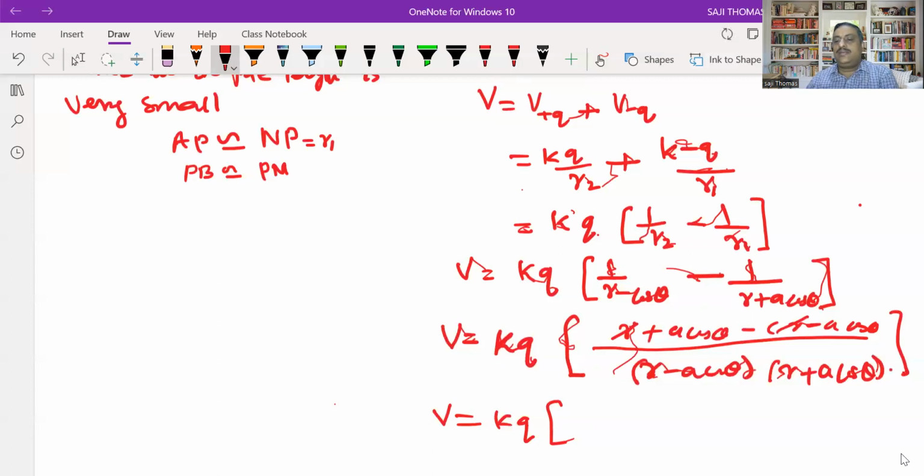Numerator A cos theta plus A cos theta, what you are getting? 2A cos theta divided by denominator. What is the form? A plus B into A minus B. So you can write R square minus A square cos square theta.